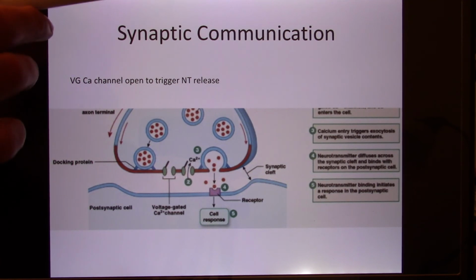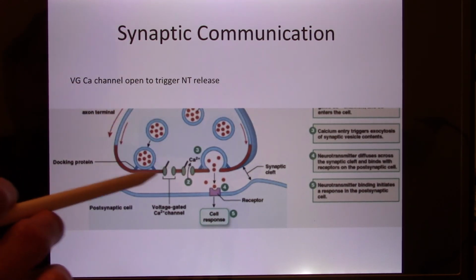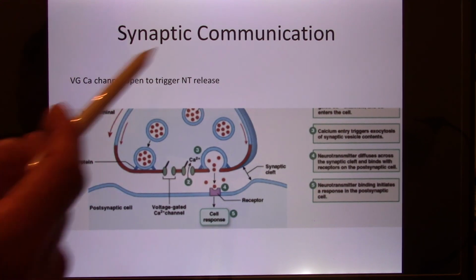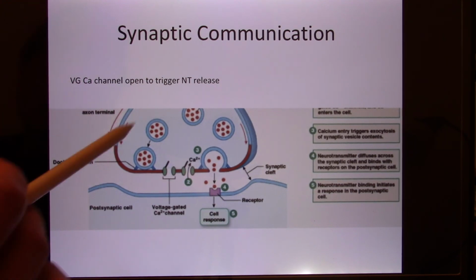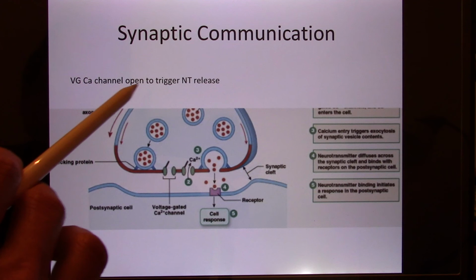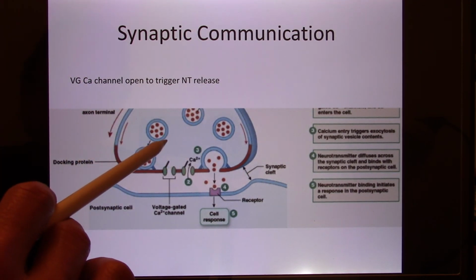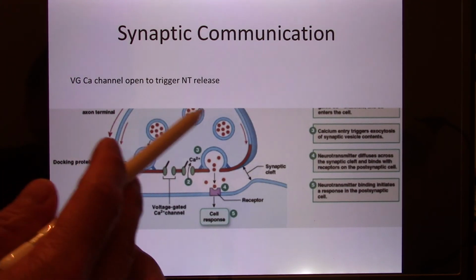So when the action potential goes through the whole axon and reaches the axon terminal, it will open the voltage-gated calcium channel, of course, because the depolarization reaches here. Calcium is high outside, low inside. You can assume the calcium concentration inside is almost zero, because calcium is a second messenger. Once you have calcium, it will do something.